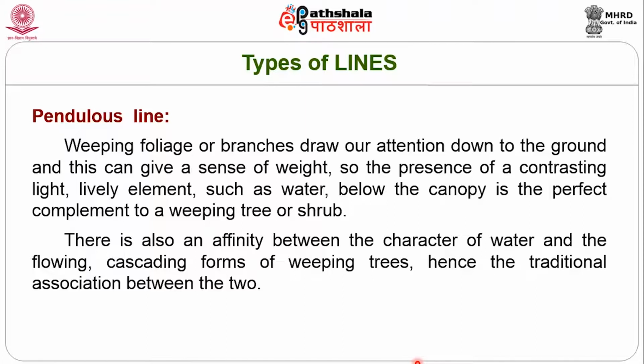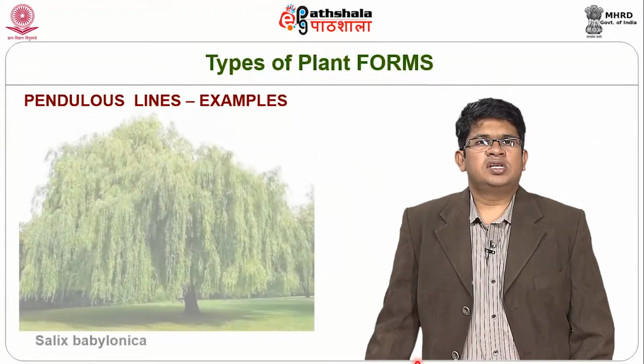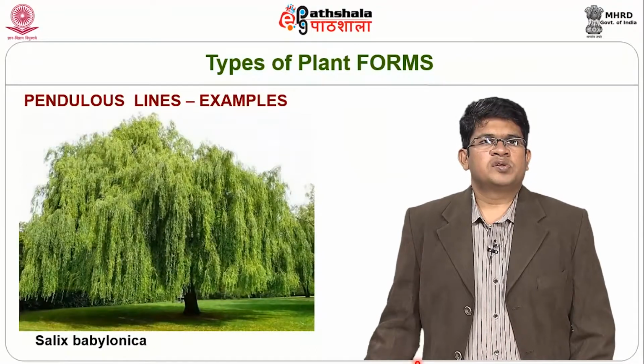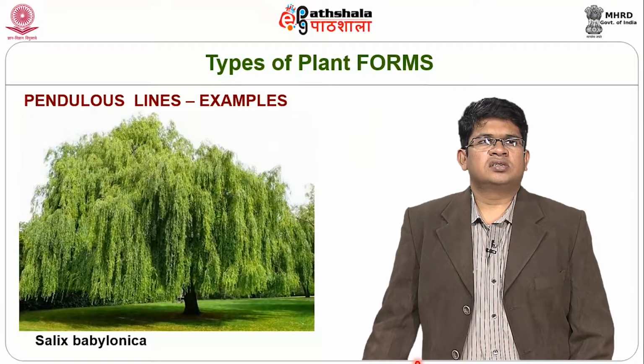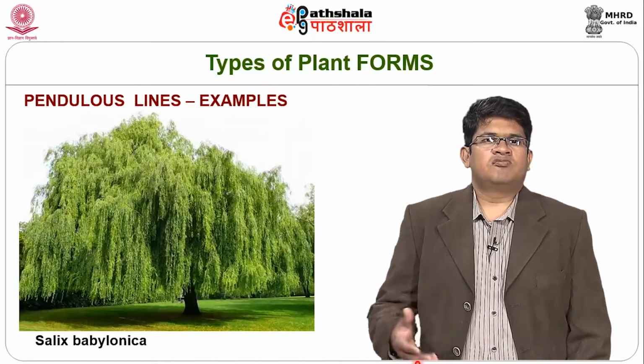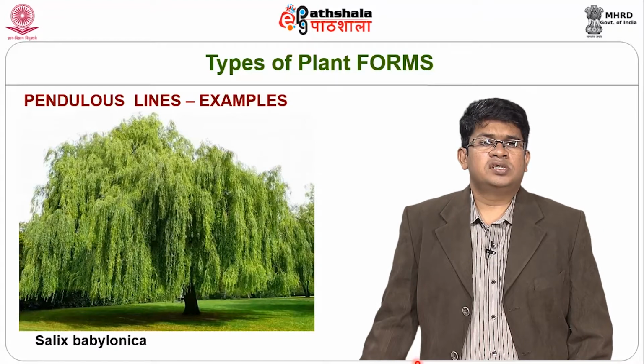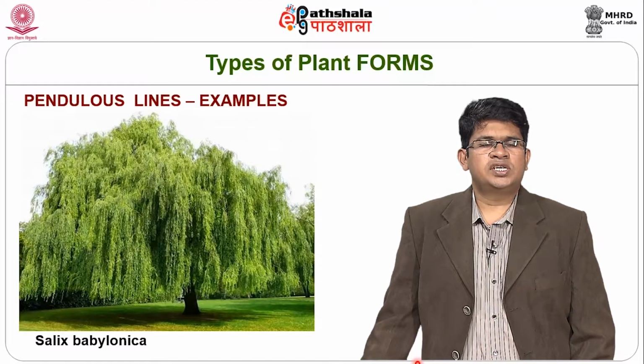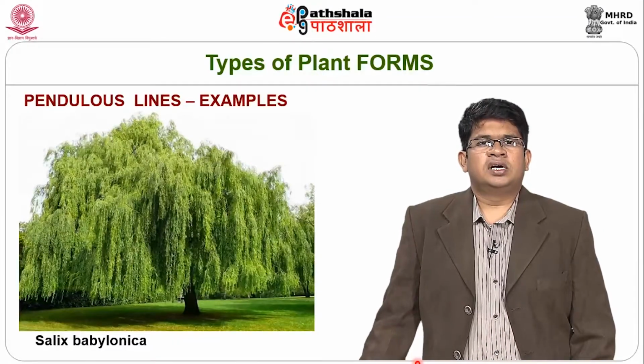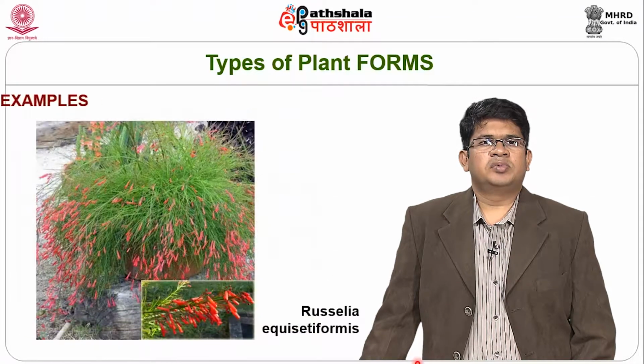There is also an affinity between the character of water and the flowing, cascading forms of weeping trees, hence the traditional association between the two. So, there is a very good chance of these forms themselves. So, some of the pendulous lines that you can see here are the Salix babylonica. They are very good plants, very close to water bodies, with a very strong weeping habit that you can see here in this particular picture.